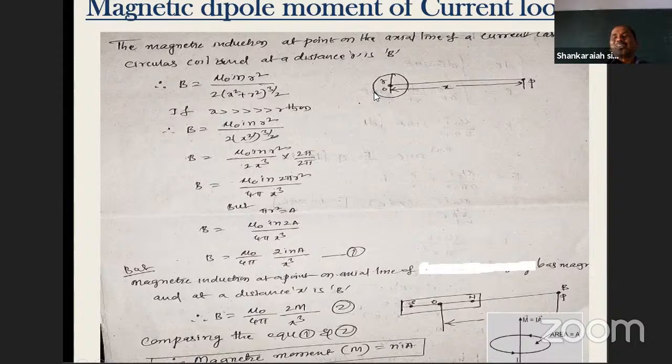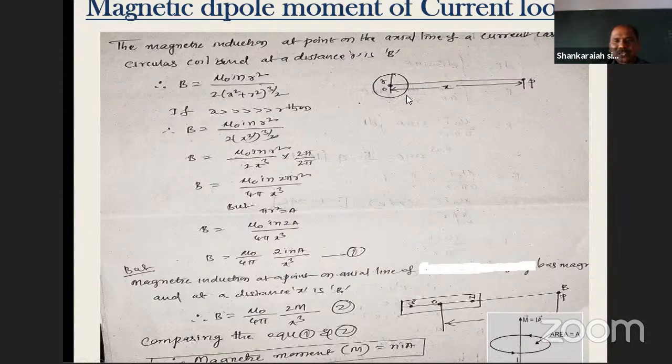This is the south pole. Next, when the current flows through the coil in the anti-clockwise direction, then the front of the coil acts as a north pole. This is the upward arrow symbol, here the downward arrow symbol.